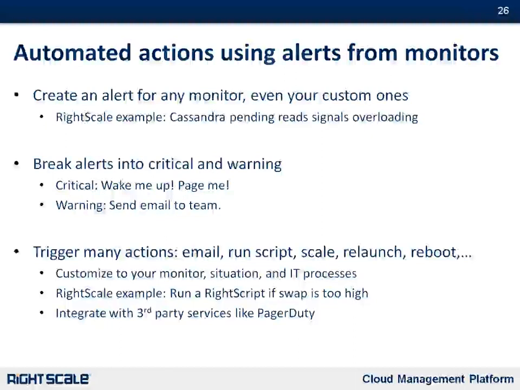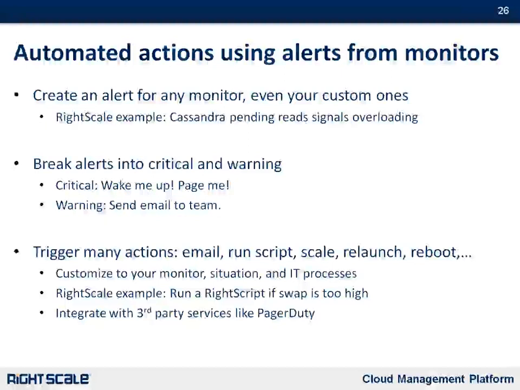Now, once you have detected anomalies, what to do with them? We encourage automated actions by using alerts taken from the monitors. And the good thing is that you can create alerts for any monitoring, even for the custom ones. So it's very easy for you to be notified when something is out of whack in your application.